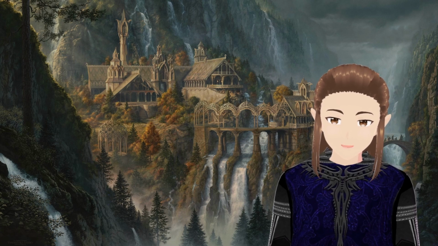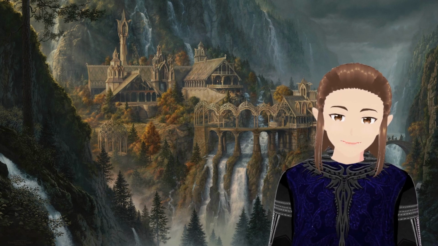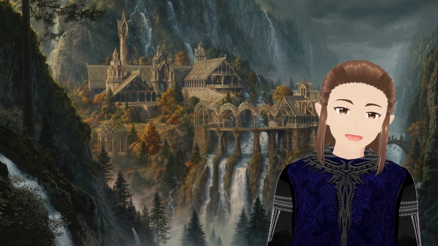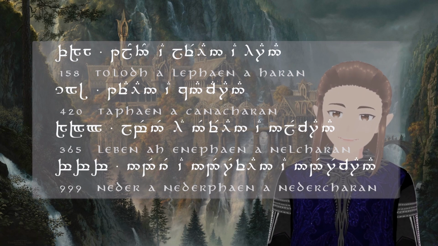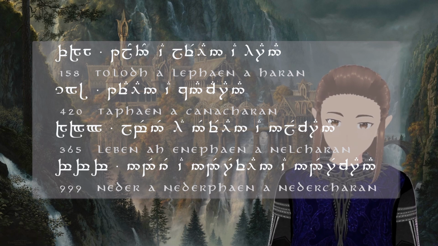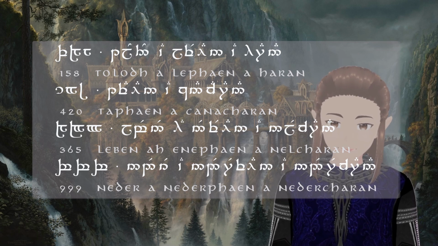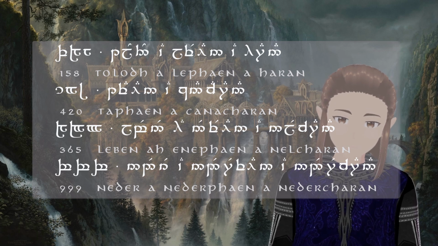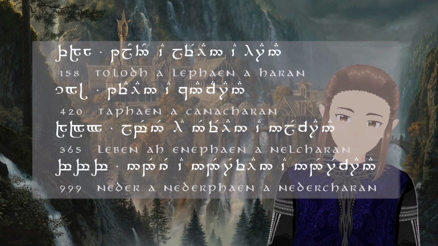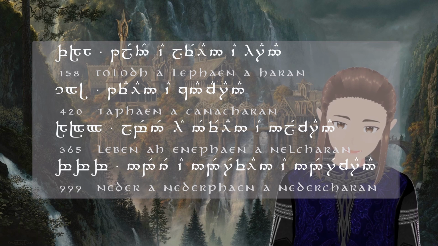Again, we use the word "are", meaning "and", to produce numbers in between multiples of 100. Toloth alevain aharan, Tavain akanacharan, Leben ahenevain anelcharan, Neder anedervain anedercharan.